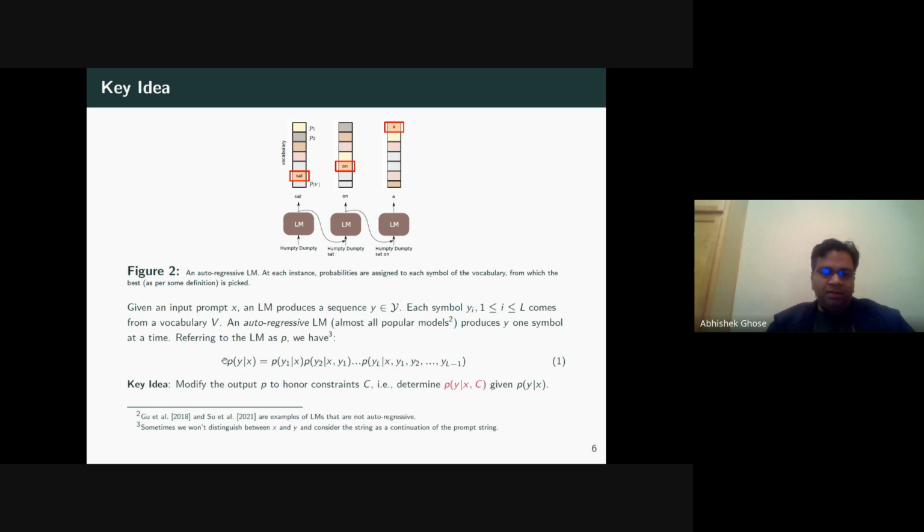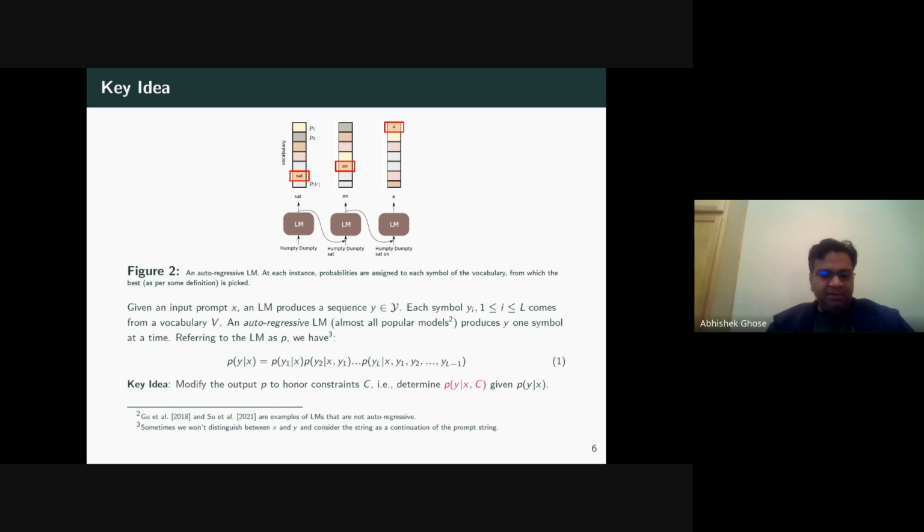So at a very high level, the probability of a string Y of length L being produced given an input X is: y1 is produced given X, y2 is produced given X and y1, and so on all the way till yL being produced given X, y1, y2, all the way till yL minus 1. This is the autoregressive formulation. You can think of your language model as giving this probability P, a mathematically abstract way of thinking about the autoregressive nature of your language model.